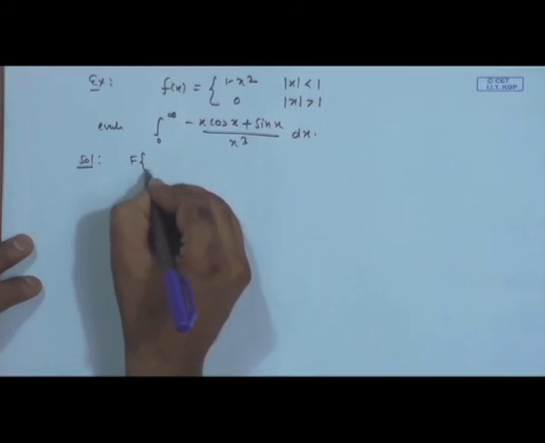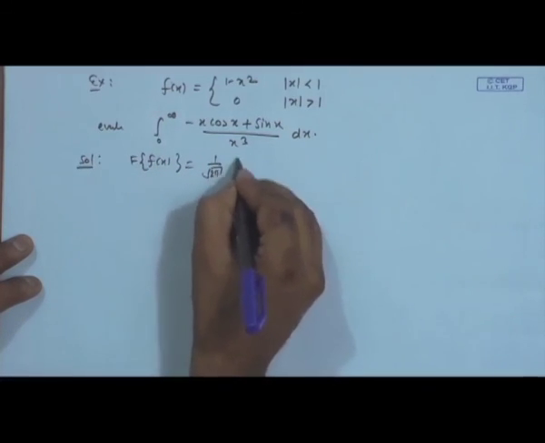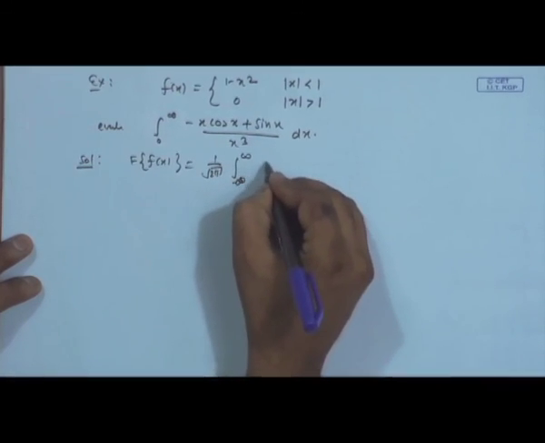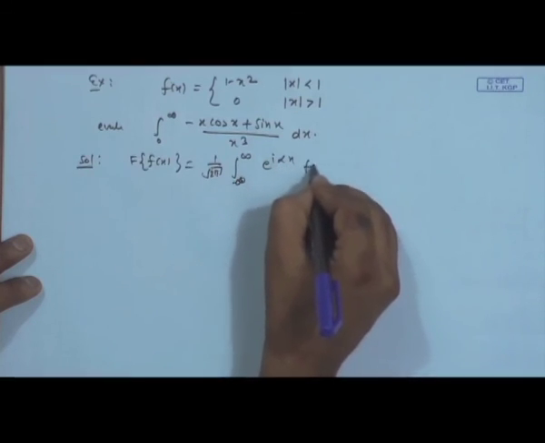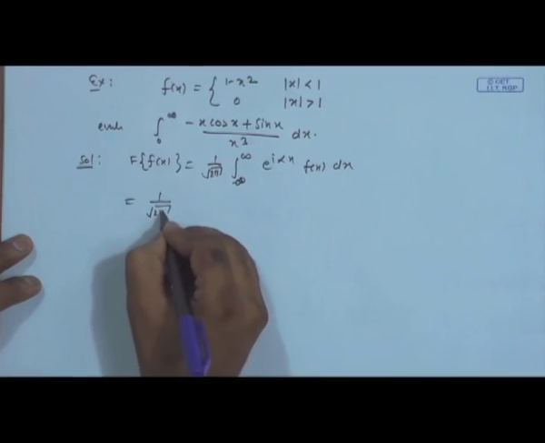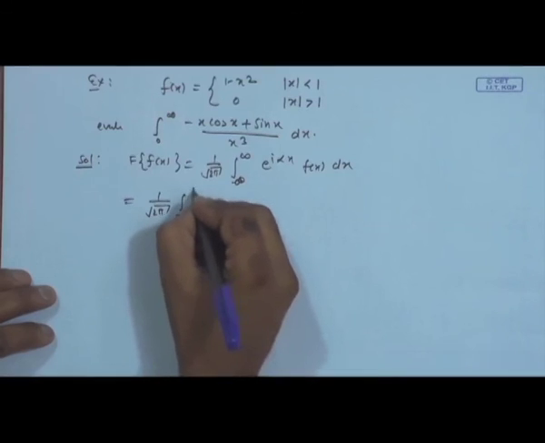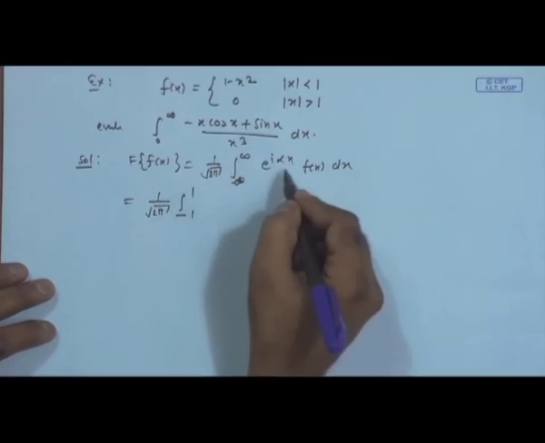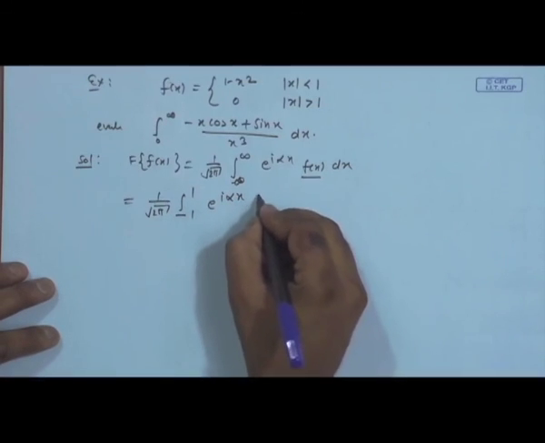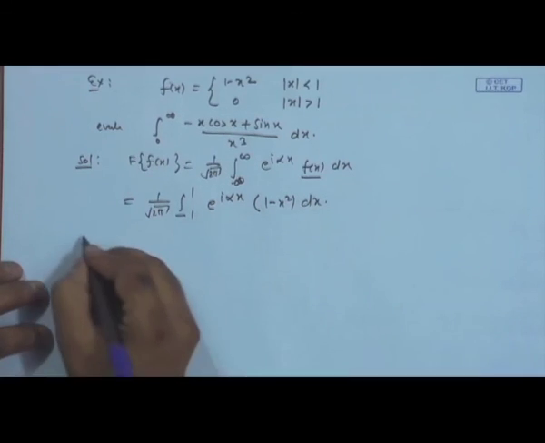So we take the Fourier transform of this f(x), 1 over square root 2 pi minus infinity to plus infinity e I alpha x f(x) dx. So we have 1 over square root 2 pi and minus 1 to 1, because outside this the f(x) is 0, e I alpha x, and then we have 1 minus x square dx.